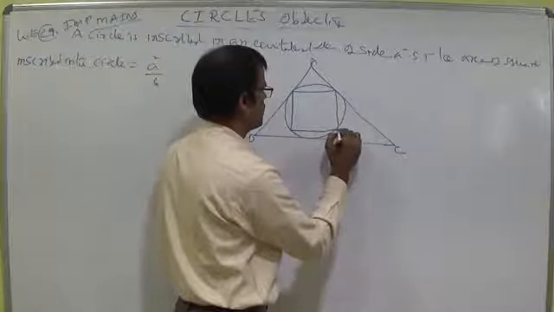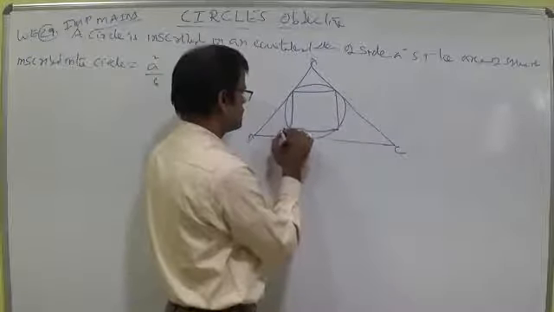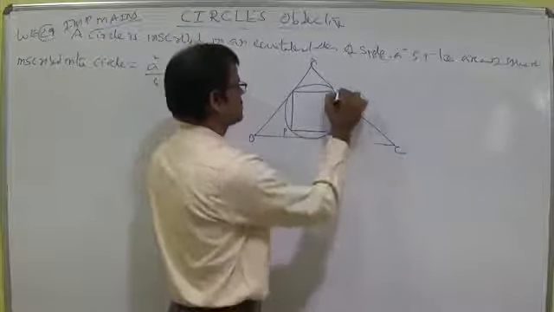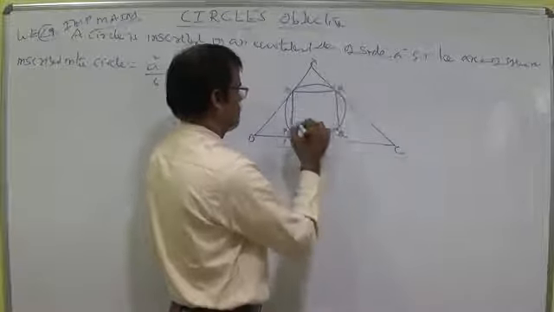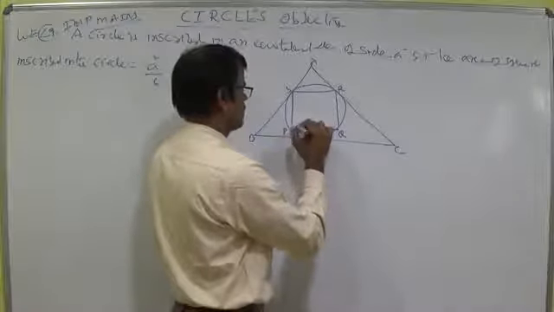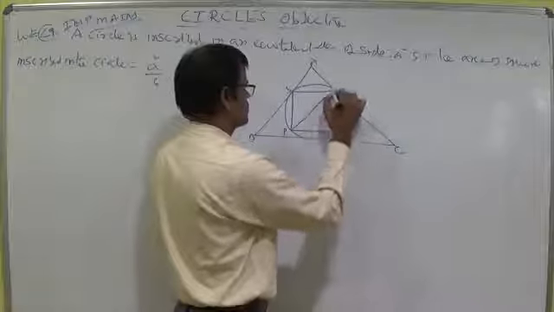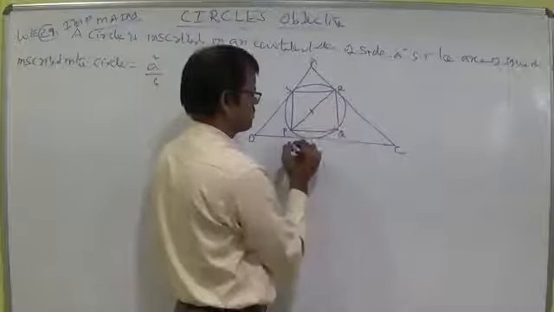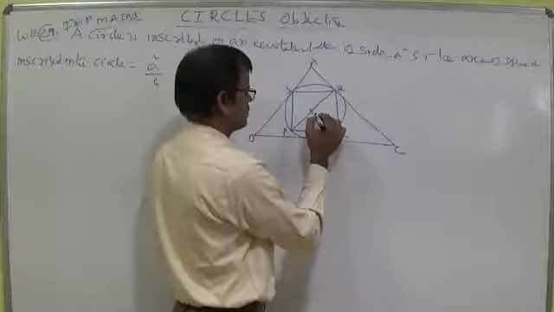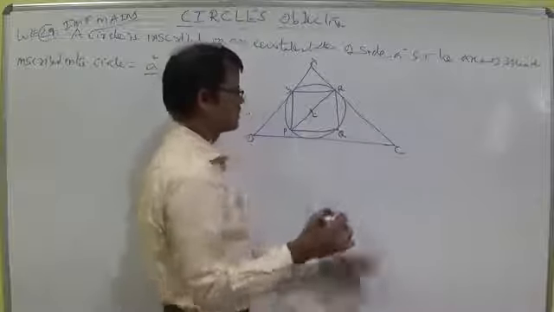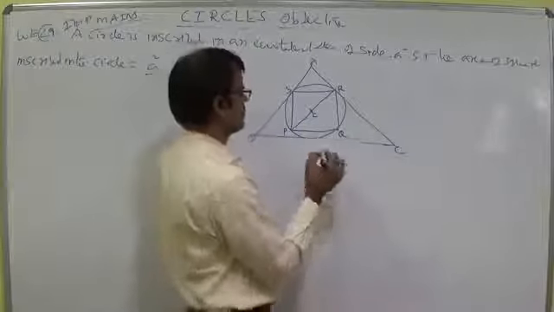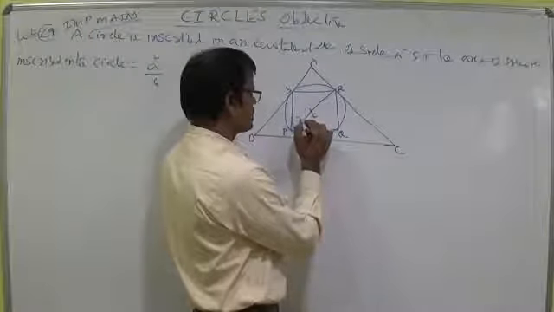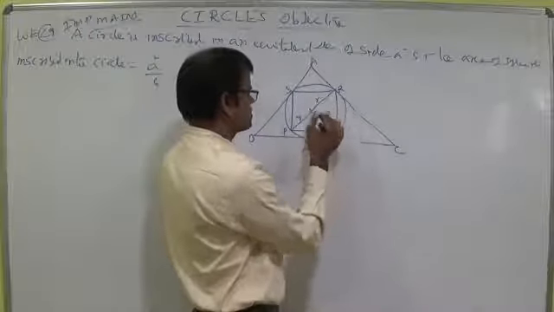Let this be the square PQRS. Join like this. This is the center C, capital C. From the center to any point of the circle is called the radius. This is R, this is R.